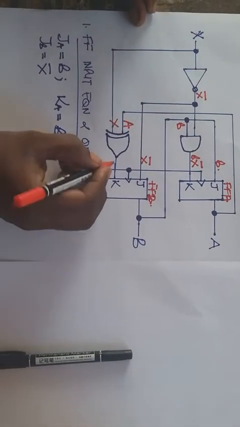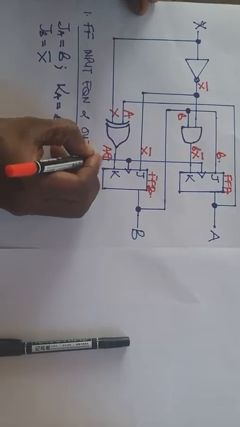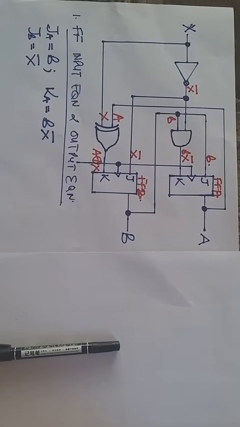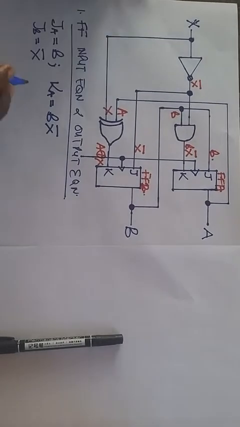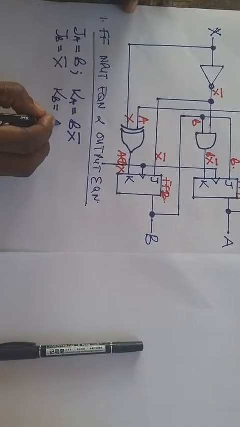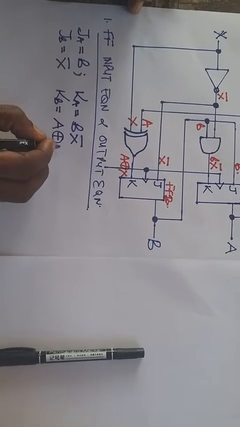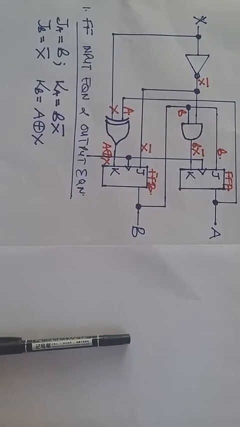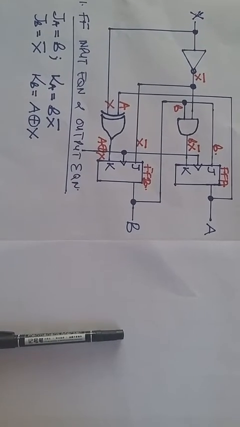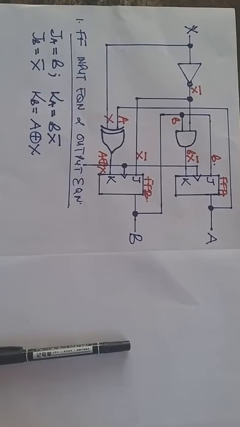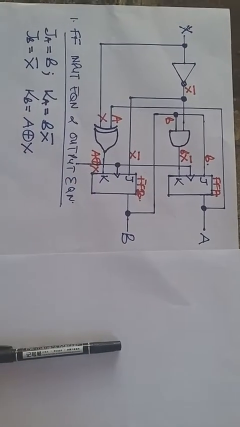So this is going to be A exclusive OR X. So our KB is equal to A exclusive OR X. This is our input equation. We're not given any external output equation, so there is no output.